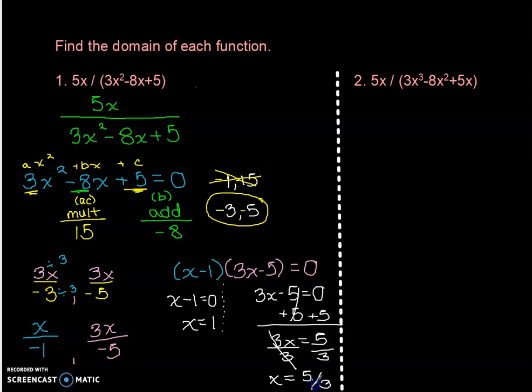Now remember what these two values represent. These two values represent the two x values that would make my denominator 0. So these are the two values that x cannot be. So for your domain, I believe they write it in set notation.